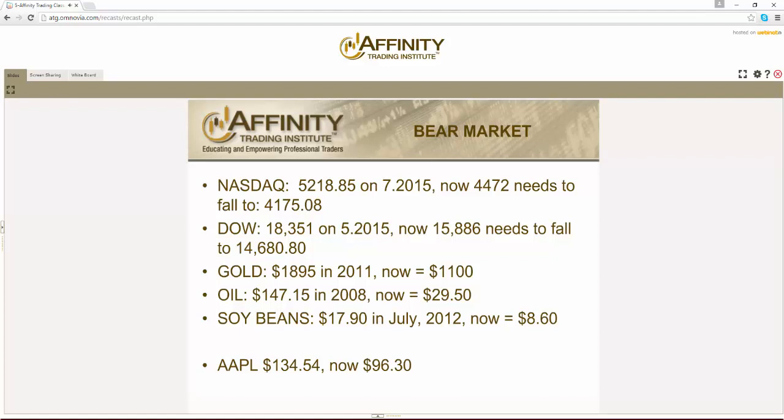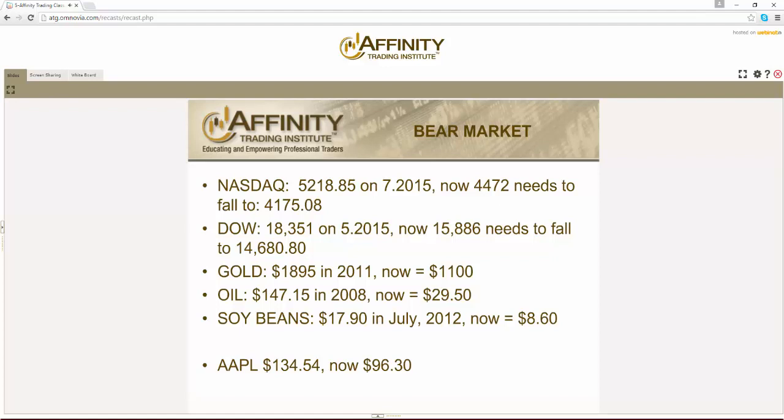Gold was 1895 in 2011. Now it's $1,100. Clearly, that's in a bear market. Oil was 147.15 in 2008. Now it's roughly 30 bucks, 31 bucks. Soybeans were 17.90 in July 2012. Now they're 8.60. Apple was 134.54, I believe late 2014 actually.